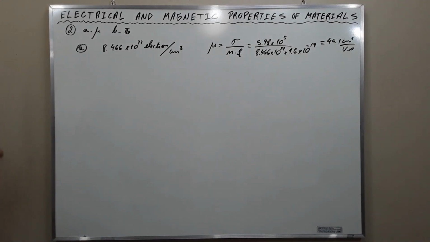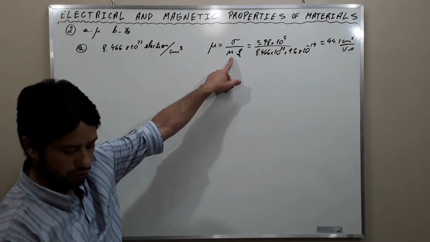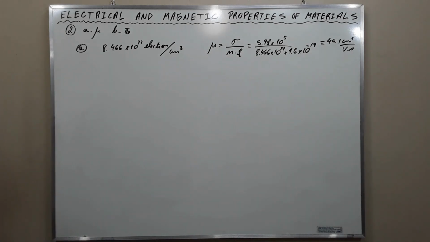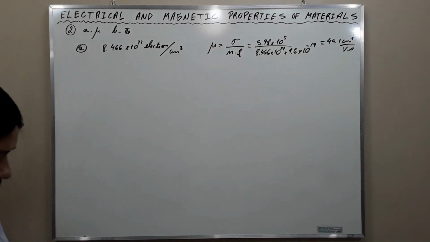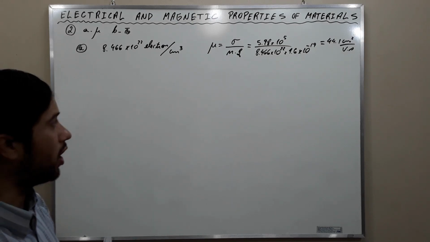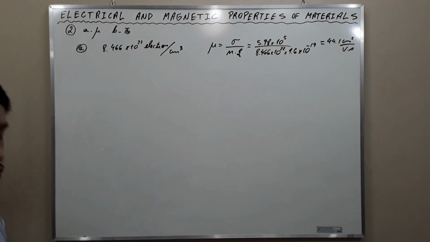This is the result of letter A, where N is the number of electrons per unit of volume of copper, sigma is the conductivity of copper, and Q is the electron charge. Alright, let's go now to letter B.